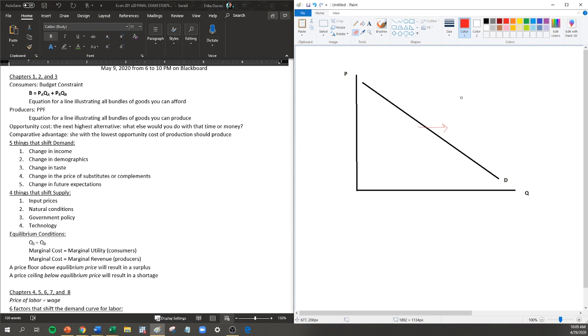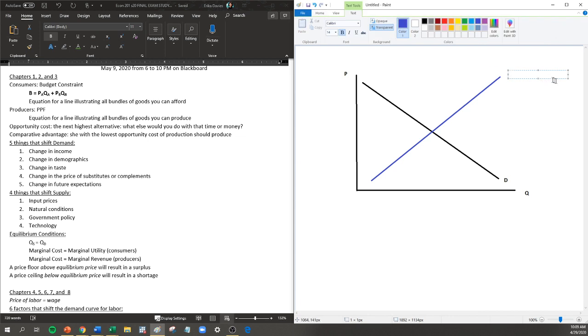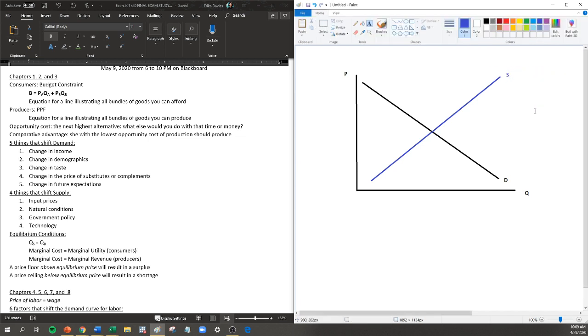Okay, and I'm going to add our second player here. Player 2, just as important to the story we're telling, the supply curve. Together, these two curves work together to illustrate the tension of humankind. All right, supply curves slope upward because as the price of a good increases, suppliers want to sell more and more of that thing.